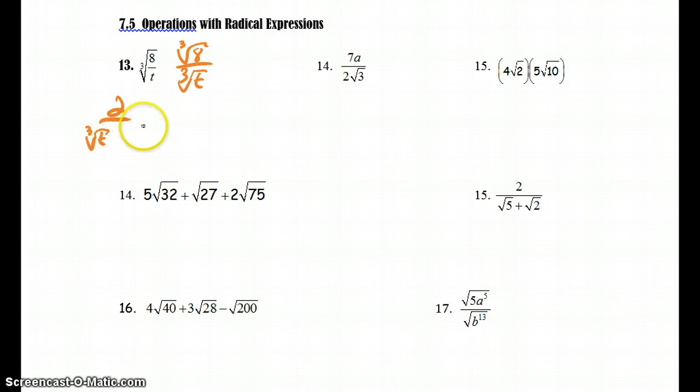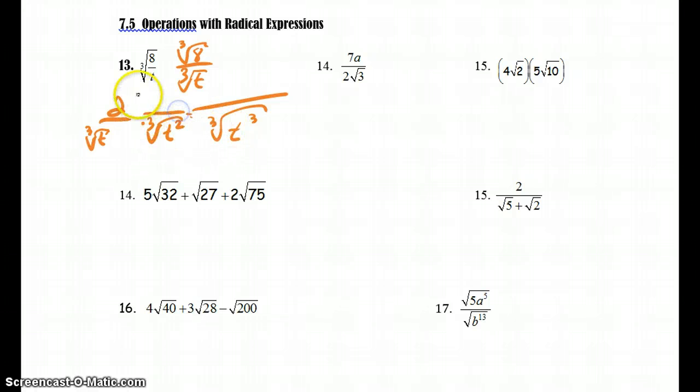Now, an important concept here is that when we're simplifying a cubic root, we want to multiply this by something that will give us t to the third. Our ultimate goal is to have t to the third under a cubic root. What we would multiply this by is the cubic root of t squared, because we would multiply what was inside and add these exponents, the 1 and the 2, to get the 3, and we would keep the cubic root.